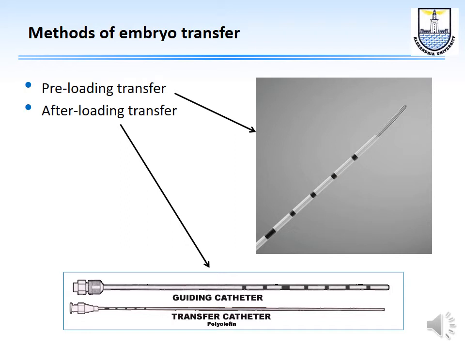On the other hand, some people like to do the preloading method, which means that they bring the catheter with the embryos already inside it, and then they go in one go and deposit the embryos. This, of course, carries the risk of having a problem negotiating the cervix, and then the embryos will stay outside the incubator for a long time.